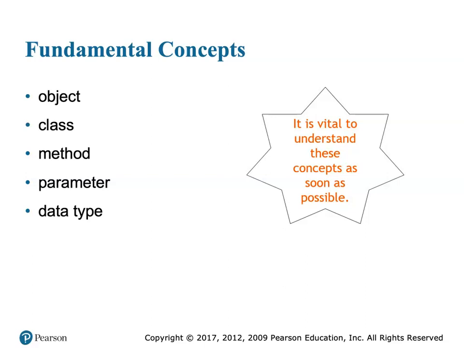So, for instance, the class was circle, the object was circle 1, or the object was circle 2. The methods were things like change color, or move horizontal, or change size. The parameters were the pieces of information that had to be handed to the methods in order for the method to know what to do.